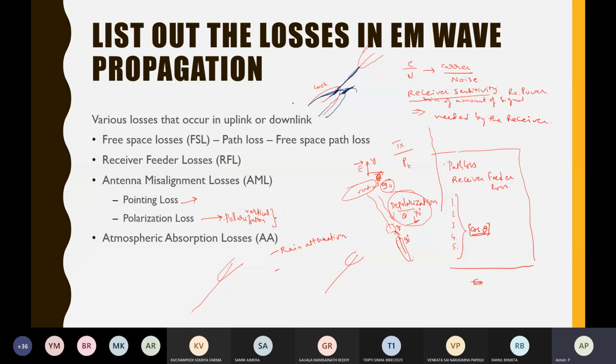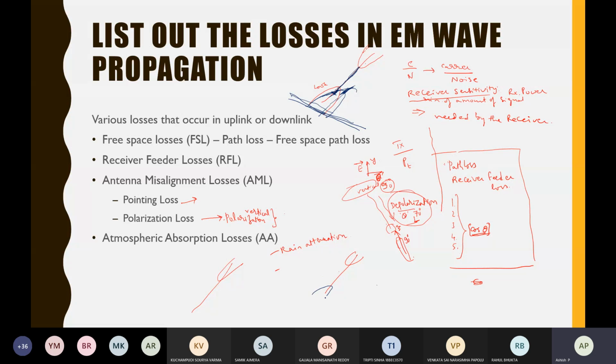If you draw one line like this, this is the main beam. This will definitely be some dB below that, so 3 dB below or 2 dB below. So that much loss will occur. That is called the pointing loss or the mismatch loss.